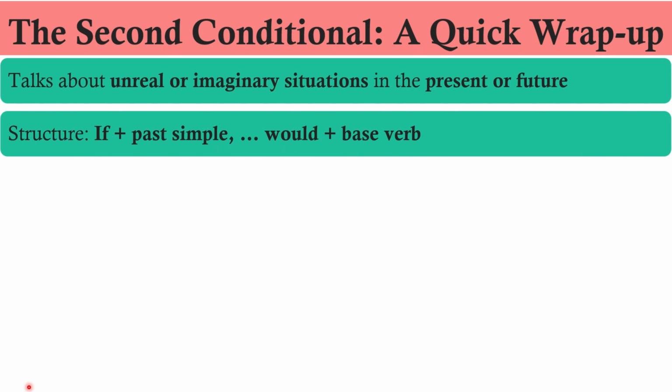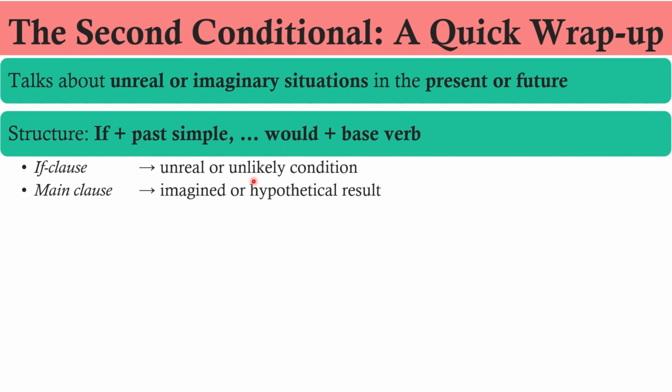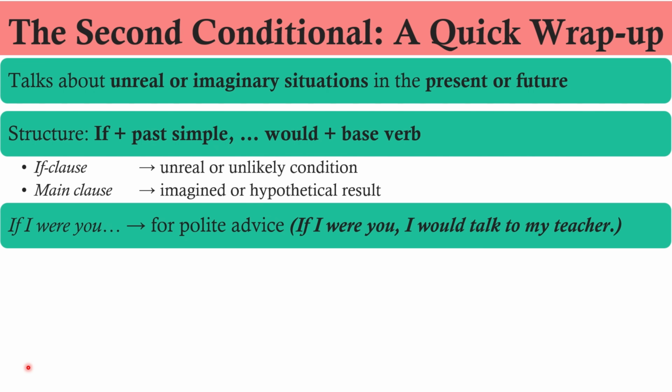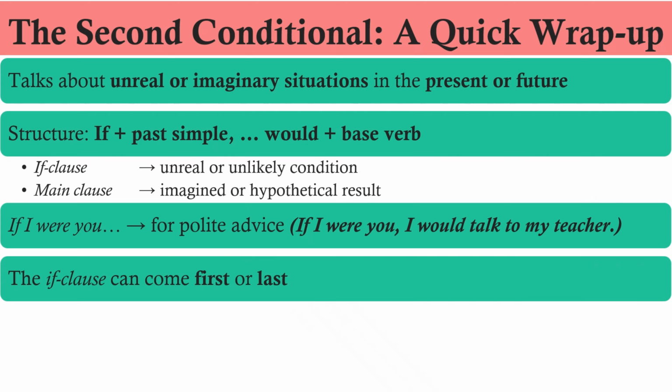The if clause gives the unreal or unlikely condition, and the main clause shows the imagined or hypothetical result. We can also use it for giving polite advice, like, if I were you, I would talk to my teacher. And remember, the if clause can come first or last. The meaning always stays the same.